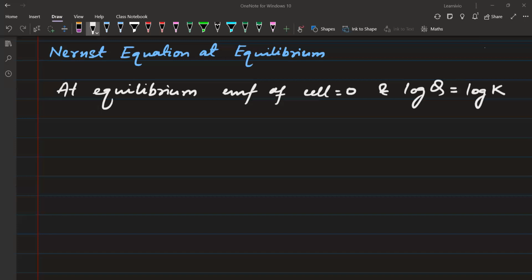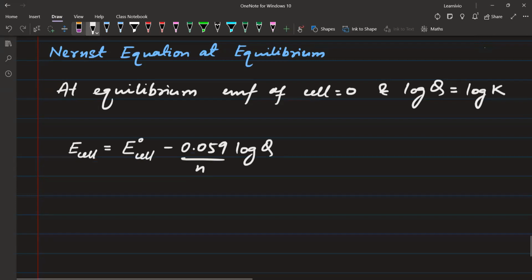So from here we can write the Nernst equation. What is the Nernst equation? Nernst equation is E cell is equal to E naught cell minus, at 25 degrees Celsius, 0.059 divided by n log Q. This is the Nernst equation.